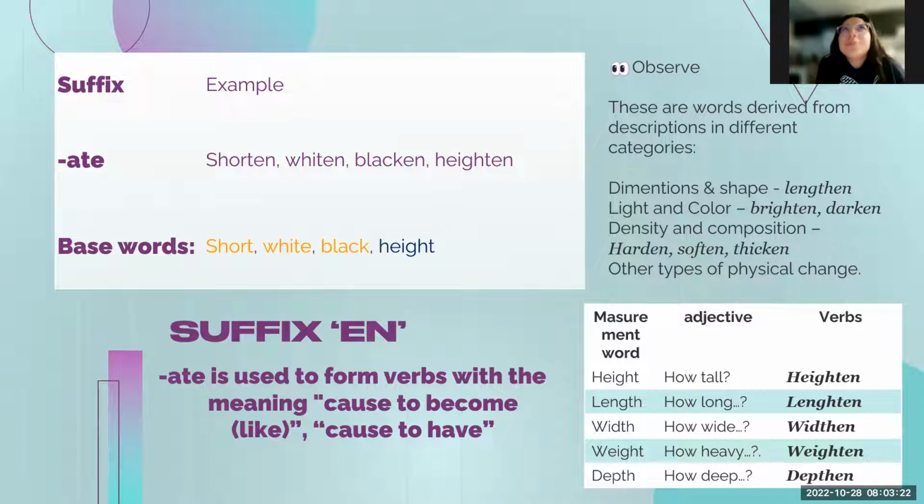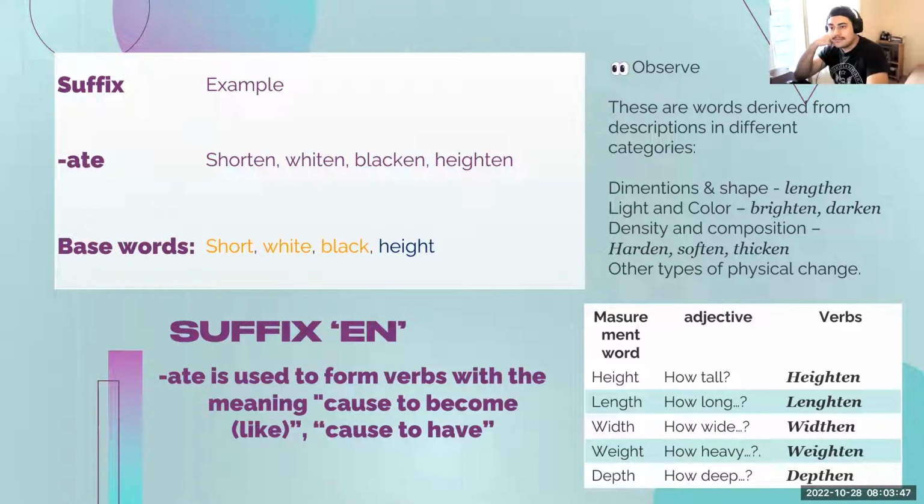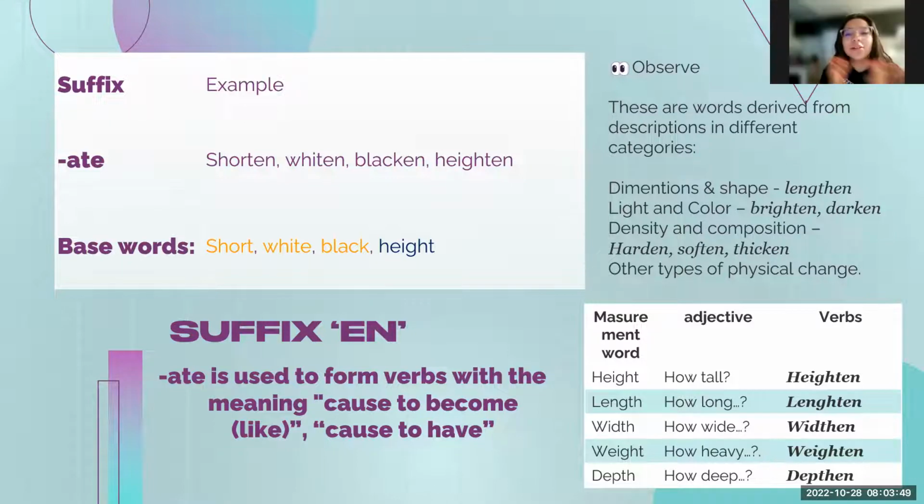Okay. With these verbs with the suffix "en," you don't need to respect the grammatical rules in the tense rules. For example, if you use a verb with sugar, you need to put the s at the end of the verb, right? But in this case, you don't, because these words are verbs now.